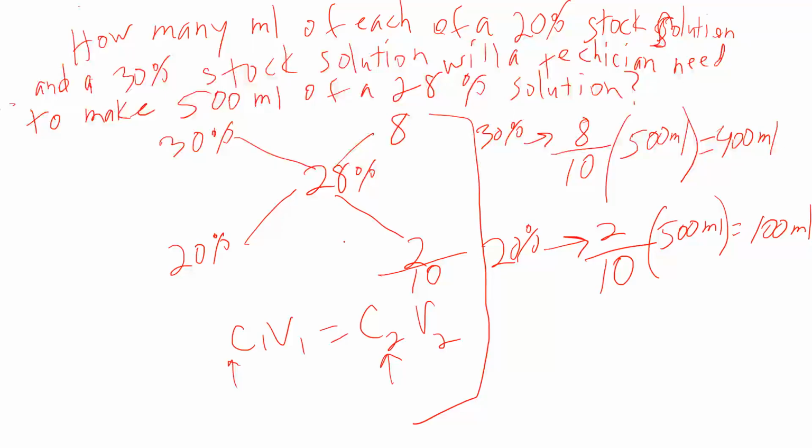So if we add 400 mils of 30% to 100 mils of the 20%, then you get 500 mils of the 28%. Okay, pretty simple. All right, let's go to the next one.